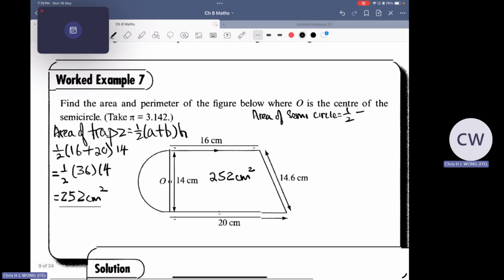Pi r square. Why is it I divide by 2? What is the reason? Semi, right? I already say semi, so you must divide by 2.